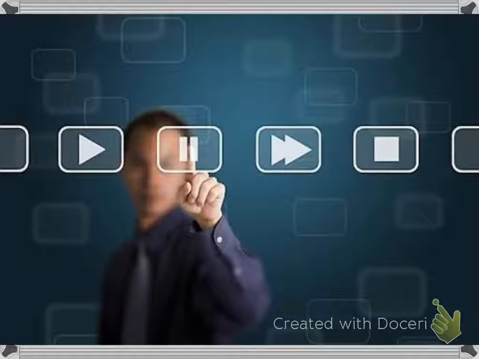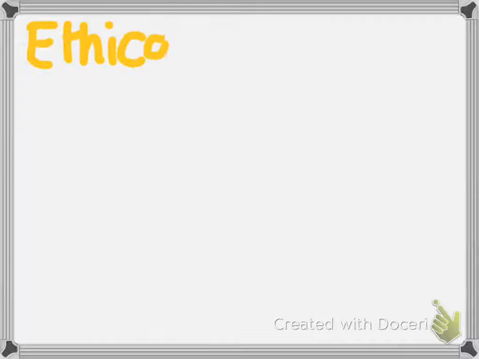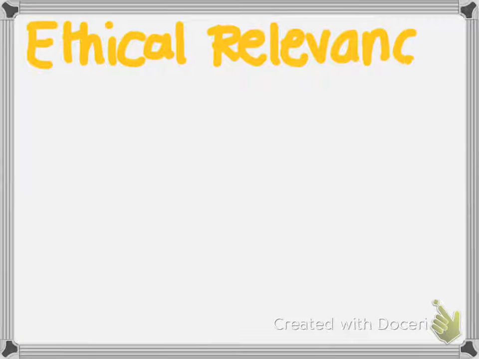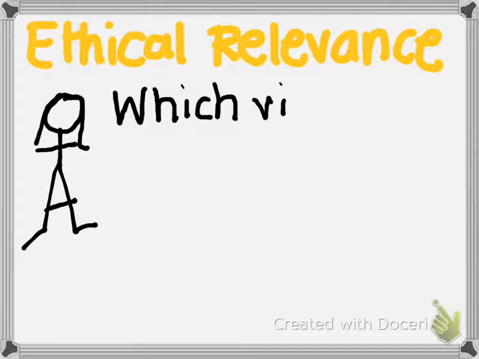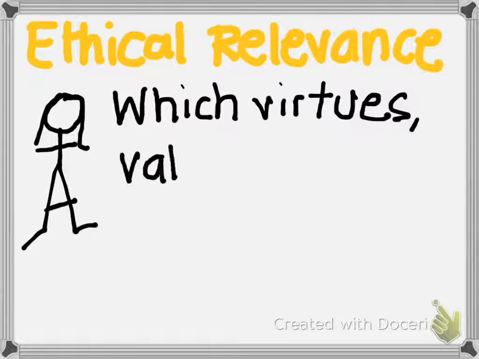The next step is to enunciate the ethical relevance of your problem and ultimately of your paper. Of course, here's a tip. Your problem is ethically relevant because it is centered on the person. Check your problem and underline the elements that are at stake. Then you should ask yourself, which virtues, values, and/or rights are jeopardized?